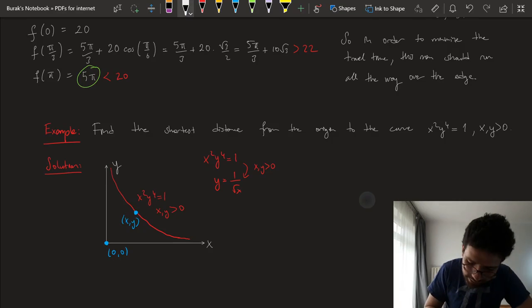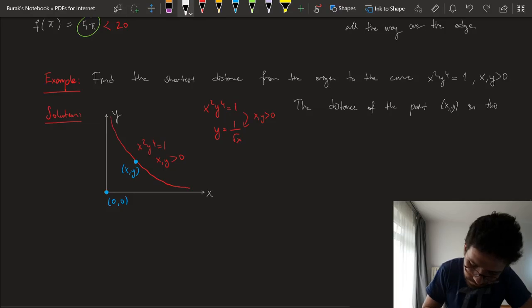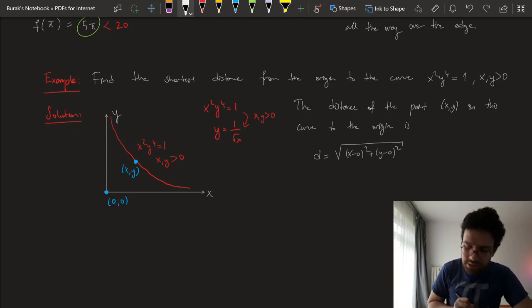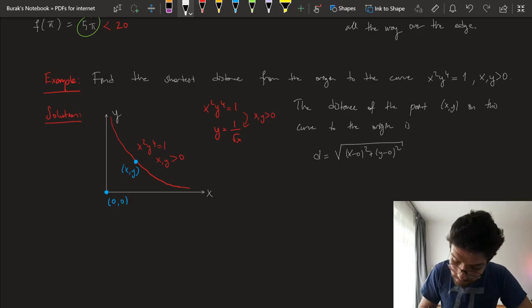The distance of the point (x, y) on this curve to the origin is d equals the square root of (x minus 0) squared plus (y minus 0) squared, by the distance formula.